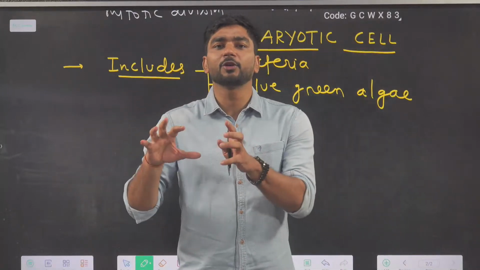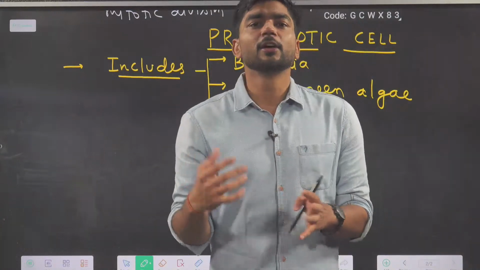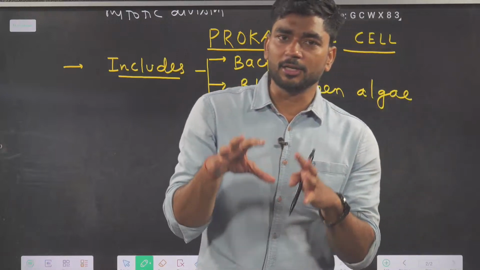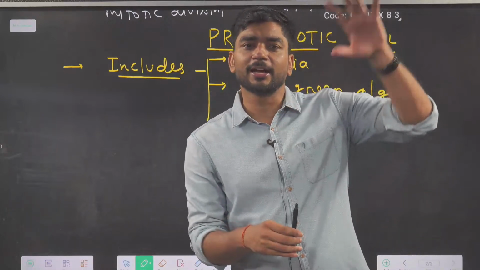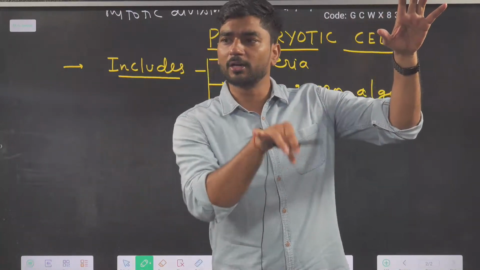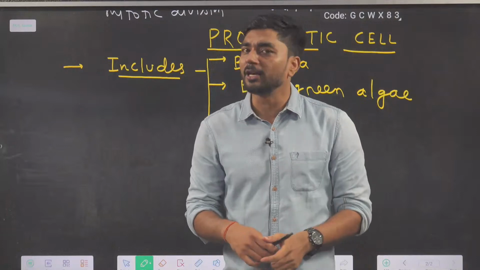The plants utilize this nitrogen to form amino acids, proteins, vitamins, and many other things. And this nitrogen, which is in the atmosphere, now becomes part of plants because of this cyanobacteria, or blue-green algae.